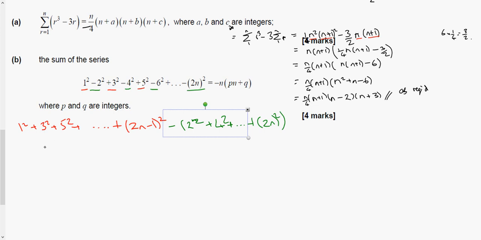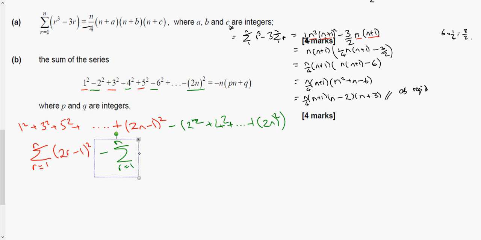Okay, so now we can write a formula for both of these parts. So this is the sum from r equals 1 to n of 2r minus 1 squared, so the last bit of our formula there. And the green one is the sum from 1 to n of 2r squared, as you can see. So there's our final term.